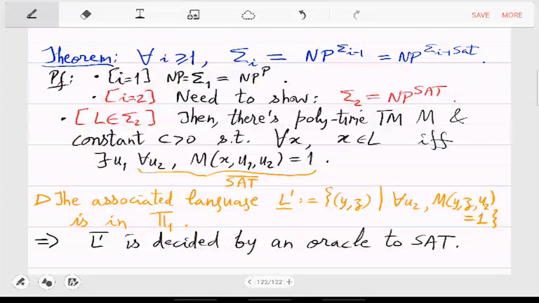So L prime bar you can reduce to SAT, or you can solve by calling a SAT instance. So this means that L prime bar is in P to the SAT, which means L prime also.